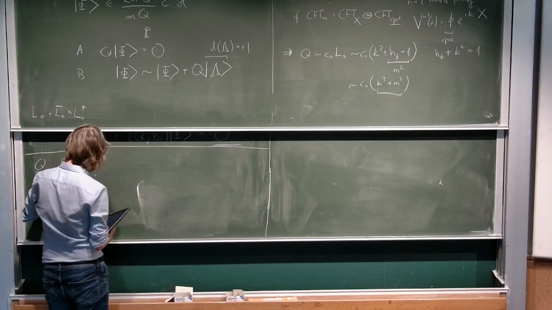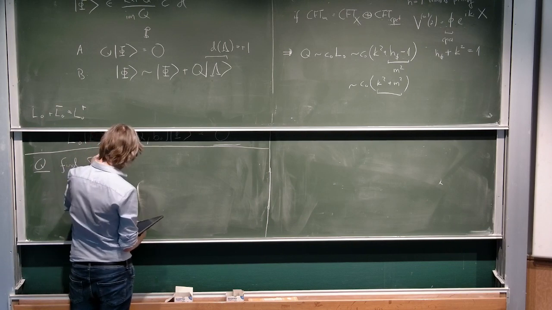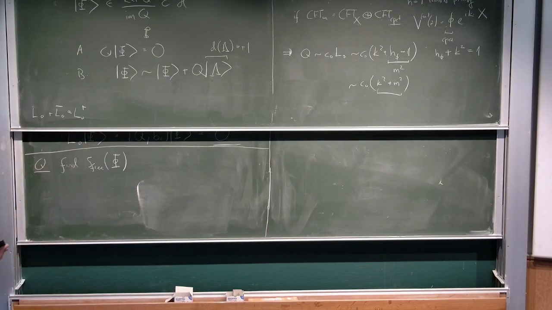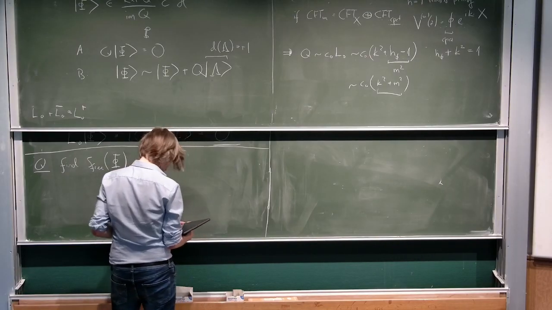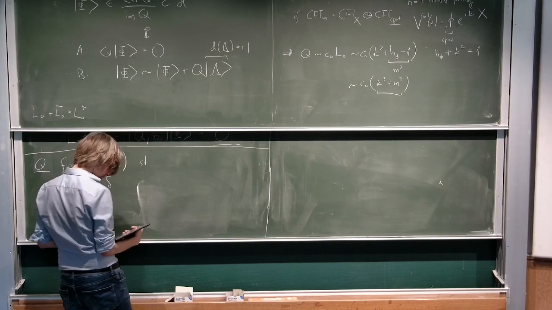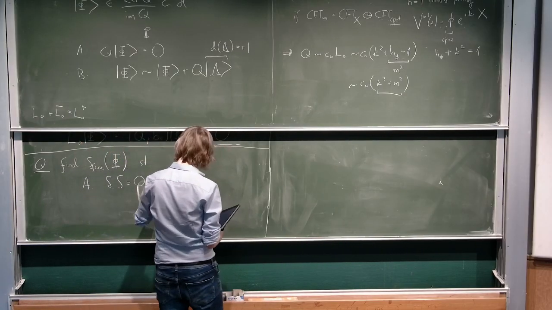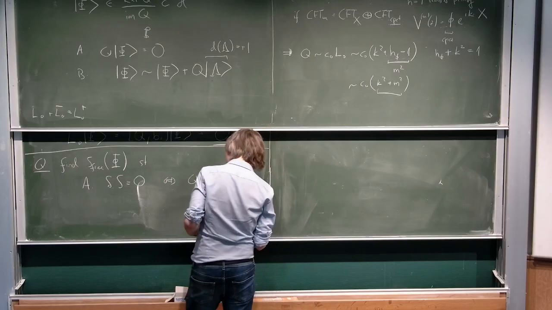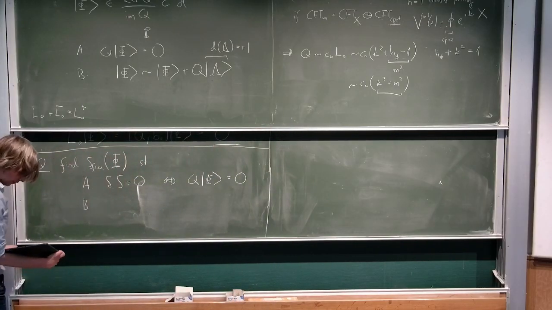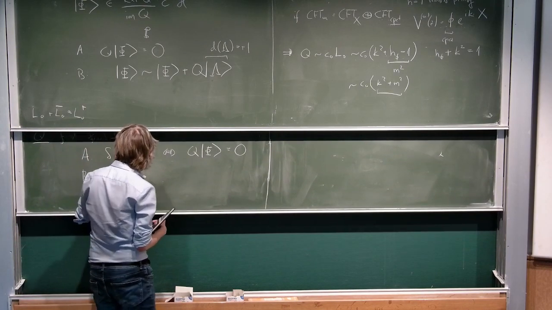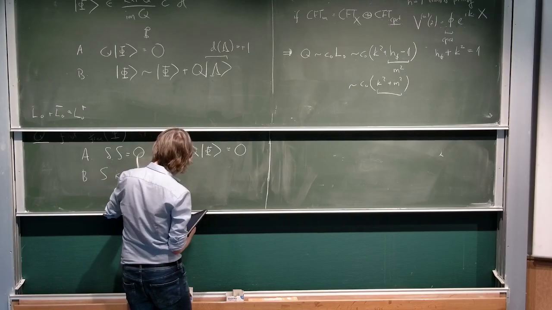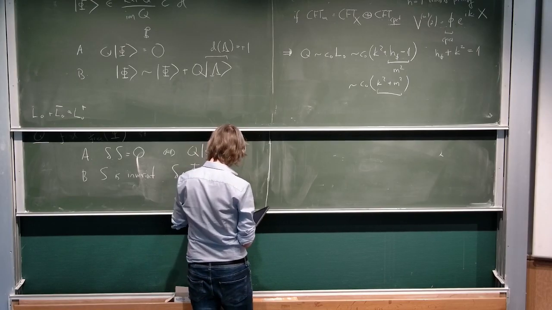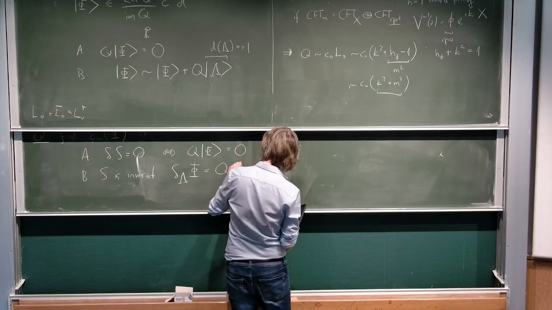Can we find an action, I will call it S3, where these string states will enter as fields, such that A, when we vary this action, this will impose the condition that Q on phi is equal to 0, and B, this action is invariant under the following field transformation, which just shifts phi by something which is Q exact.